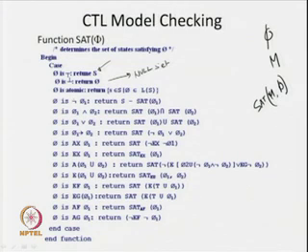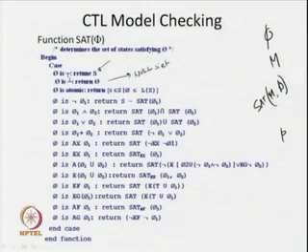Now, if phi is atomic, say phi is some atomic variable p, then what will happen? It will return those states where the state is a member of the labeling function of that state, because we know that all states will be labeled by the atomic propositions. So, with the help of the labeling function, we are labeling the states.